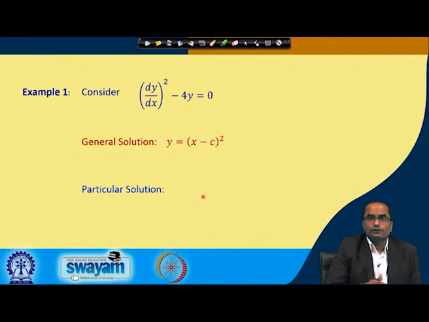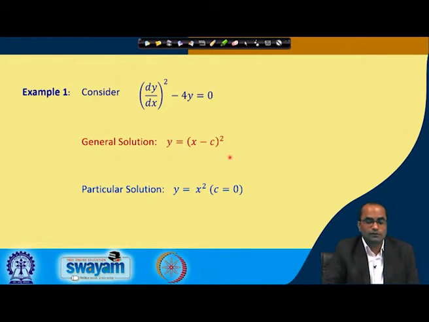Particular solution: if we assign any value to this c, it is a solution, because any value of c gives a solution. For instance, y = x^2 is also a solution of this differential equation, by setting c to 0. But now this is a particular solution; it is a fixed parabola, whereas before it was a family of parabolas depending on this parameter.